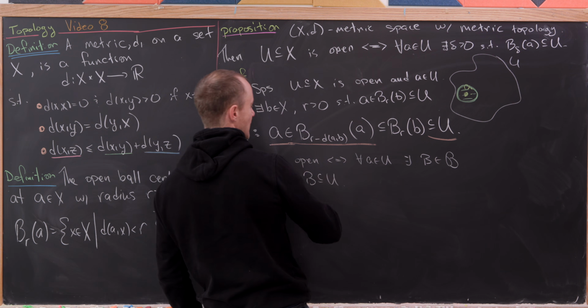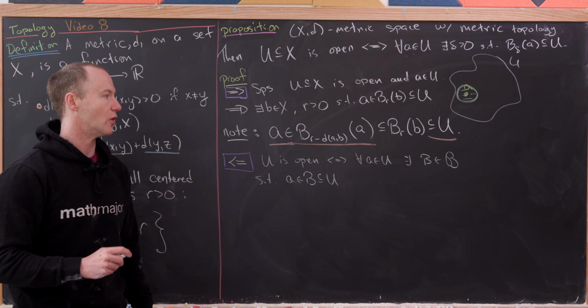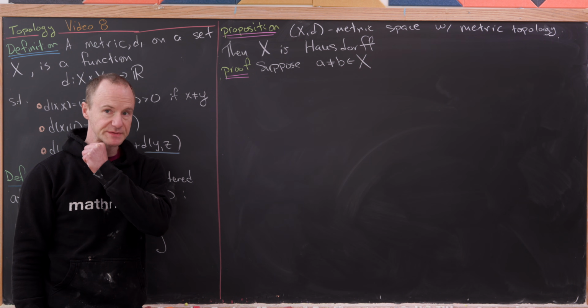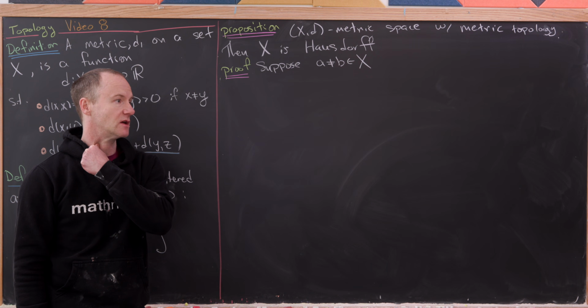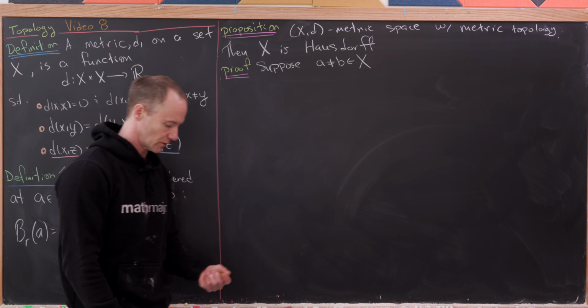And now we can just run this in reverse to start here and show that U is open. Okay, so next up we want to show that if we've got a metric space with the metric topology, then with that topology, the space is necessarily Hausdorff.